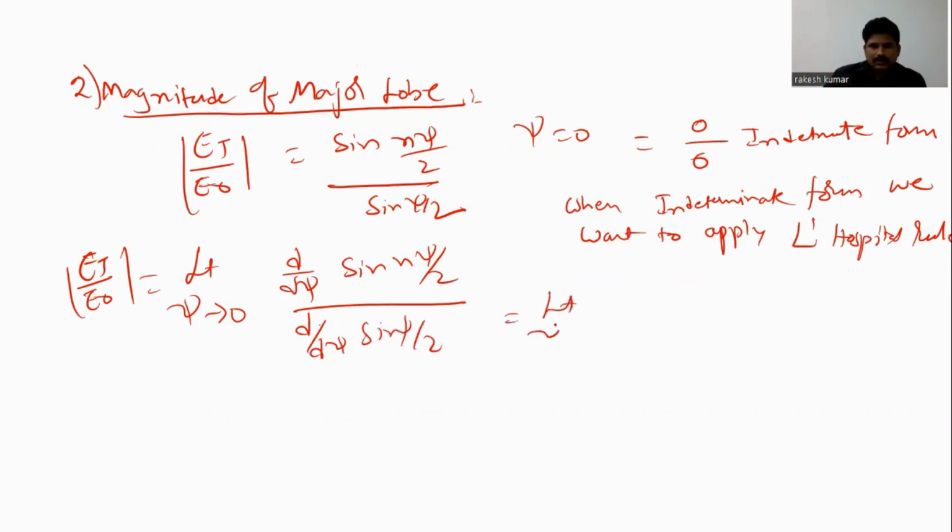That is the limit as psi tends to 0 of (n by 2) cos(n psi by 2) divided by (1 by 2) cos(psi by 2).